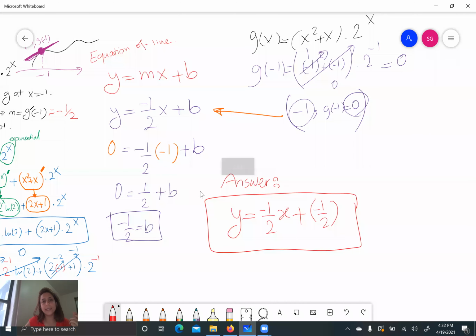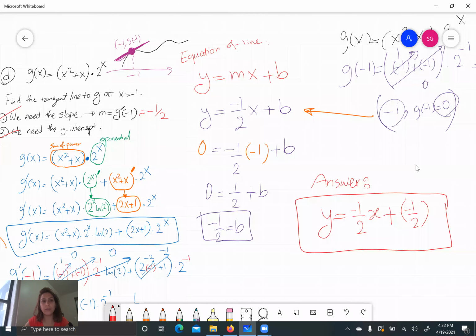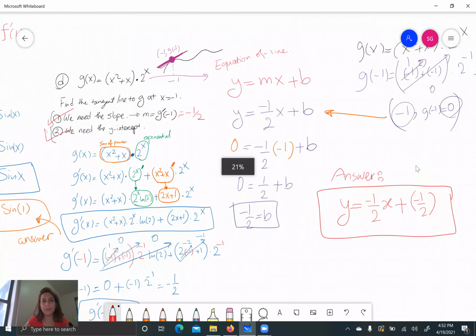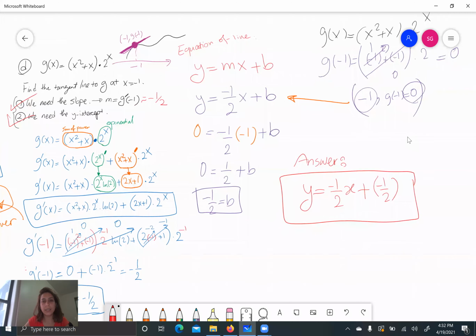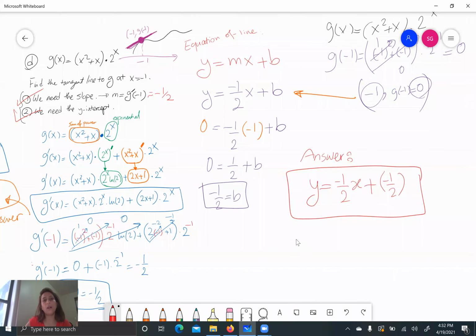So you have seen questions like this in the past, finding the equation of the tangent line at a given point. That part is not new because you know the equation of a line, you know you need the slope and the y-intercept. Finding the slope is taking the derivative at that given point. So you know all the technique.